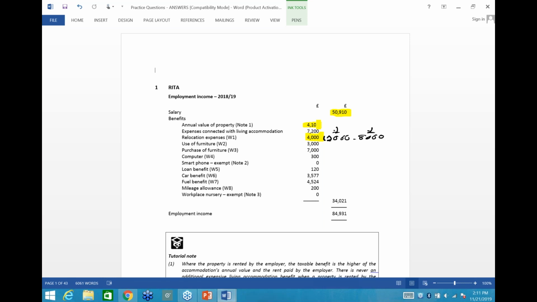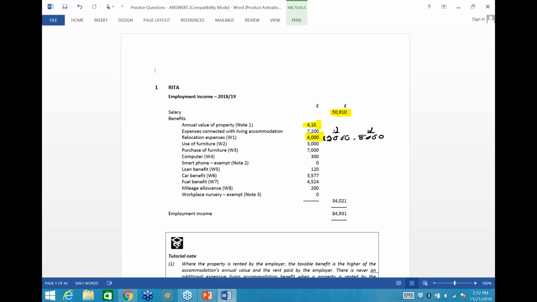However, for you to have this additional charge, students must remember the house must be owned by the employer. It must be owned by your company, your employer. If the house is not owned by the employer, there's nothing called expensive accommodation or additional charge.